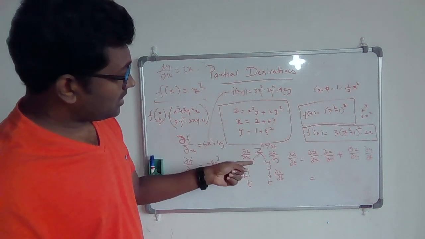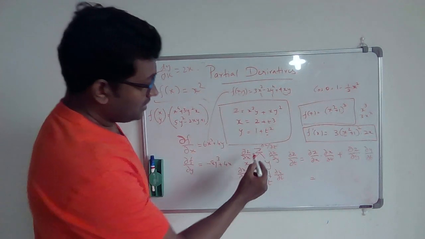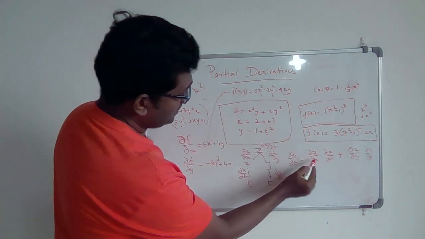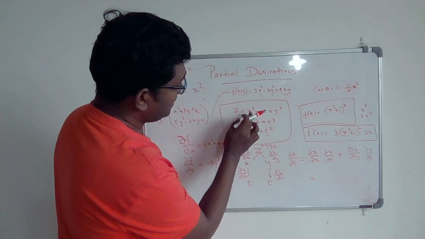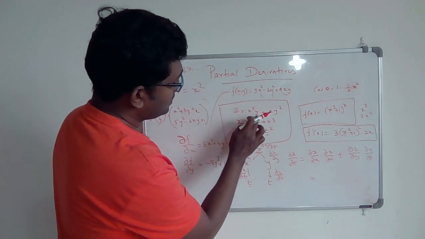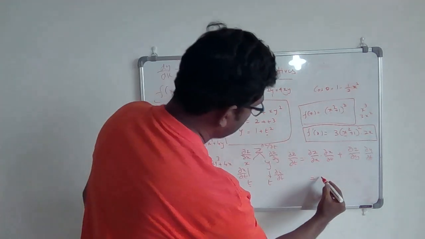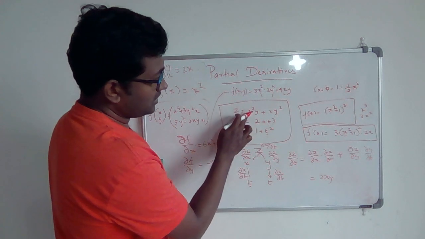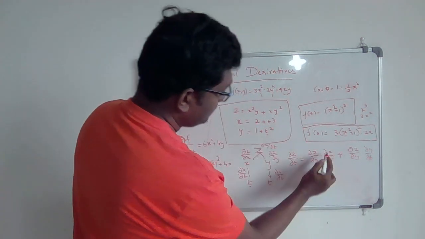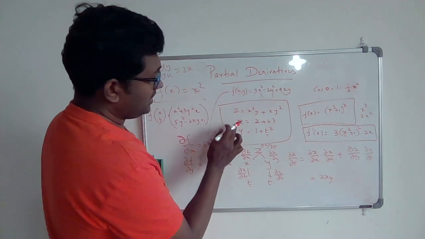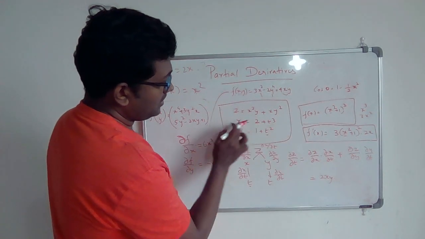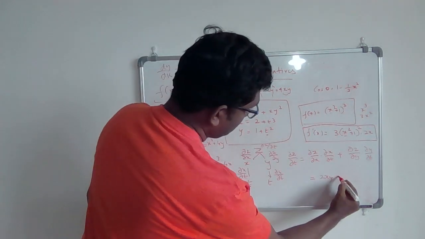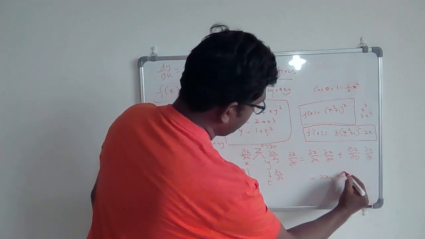Let's take one example and find the partial derivative of the first one, dz with respect to dx. When I say dz with respect to dx, you treat y as constant, so this becomes 2xy, into dx by dt, which means you're taking the partial derivative of x with respect to t. This becomes 3t squared.